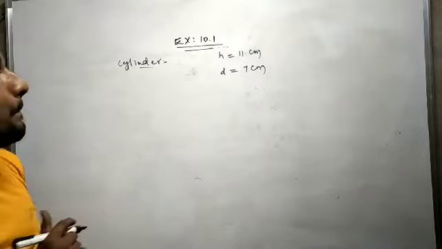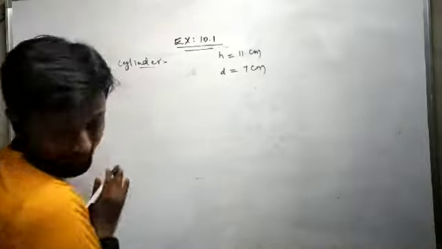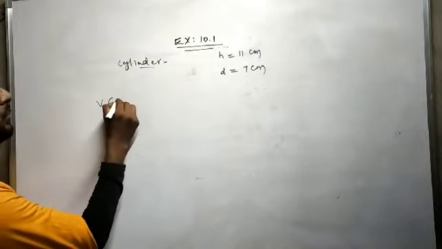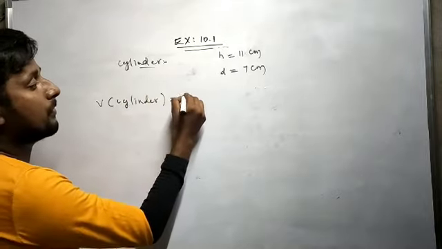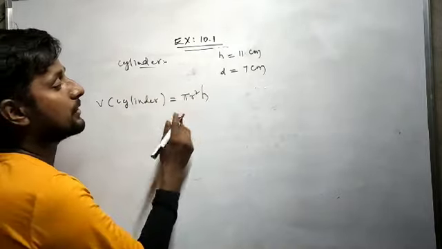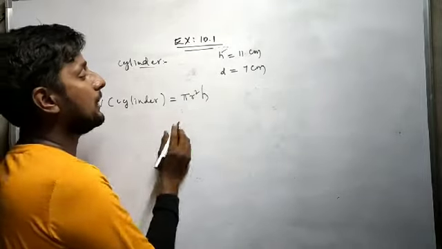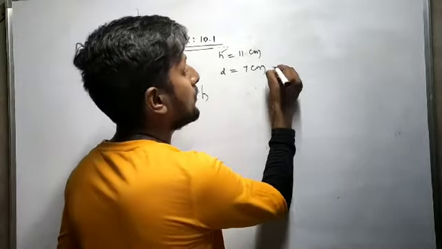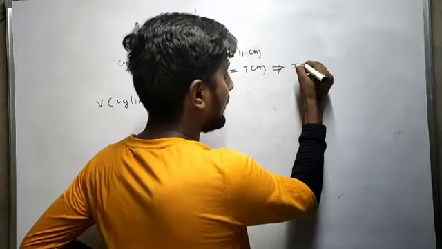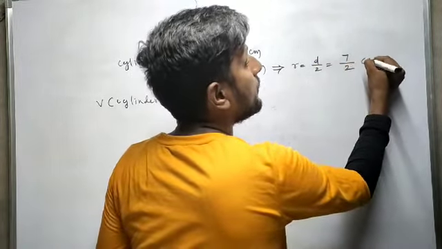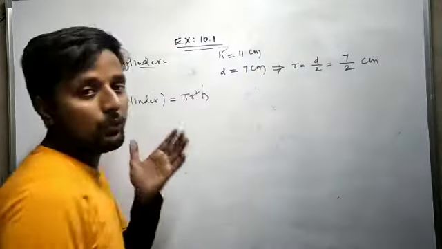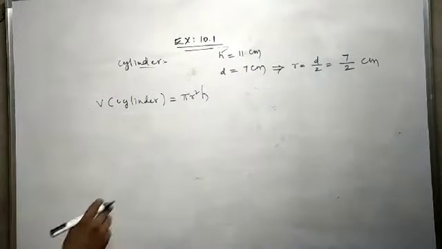Okay. Now find the volume. The volume of a cylinder formula is pi r square h. We have h directly, no issue. We have no r, so from the diameter we can write r as d by 2. So simply I'll write 7 by 2 centimeters. I'm not going to write it in decimal form. Simply 7 by 2.